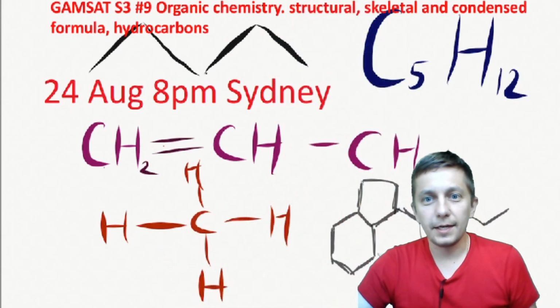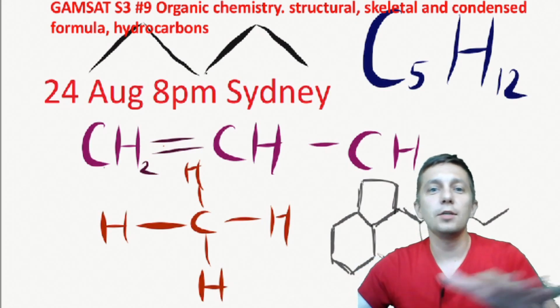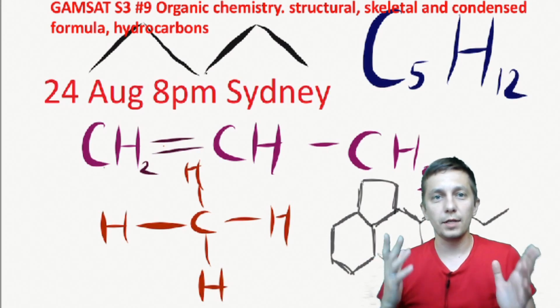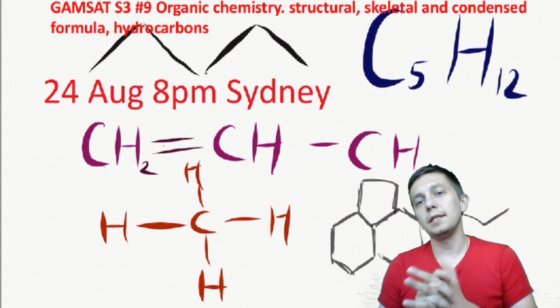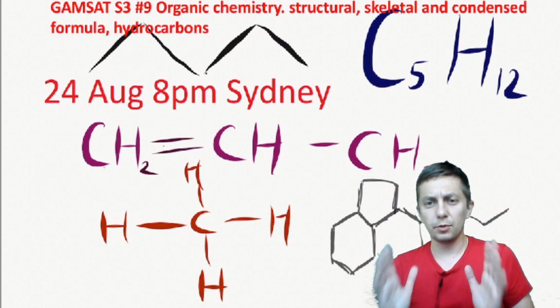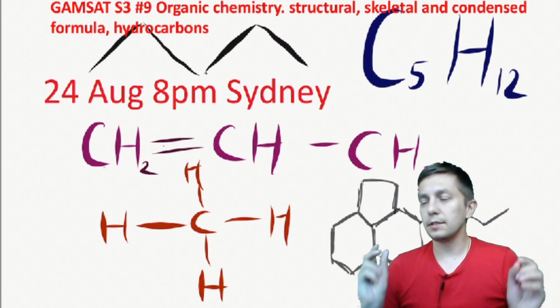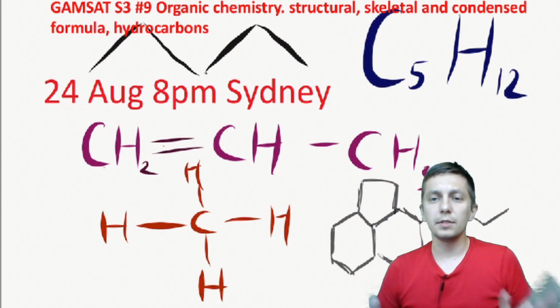So today I will teach you how to understand all these different types of formulas. We have 1, 2, 3 types, and in the end we will talk about hydrocarbons. We will not study chemical properties or nomenclature because it's a separate chapter.